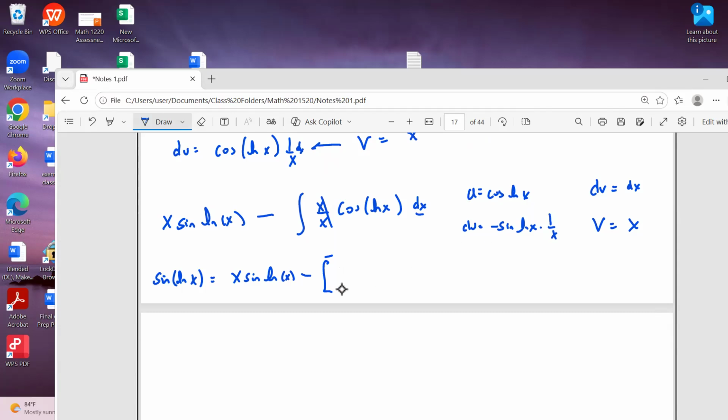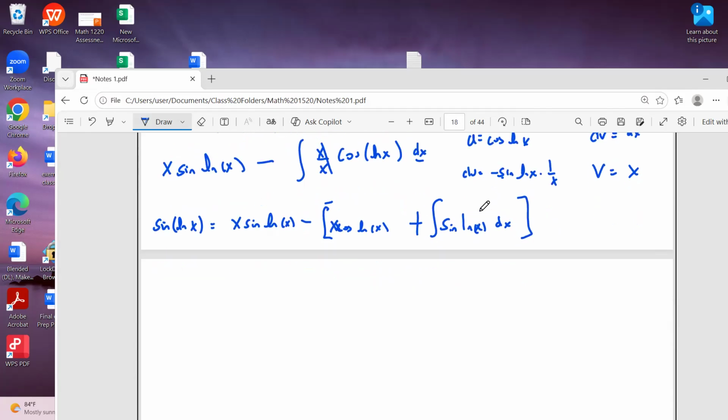So we've got x cosine of natural log of x, minus a negative, so plus the integral of sine natural log of x, with x over x times 1. Let's factor through some negative signs here so we can see what happens.